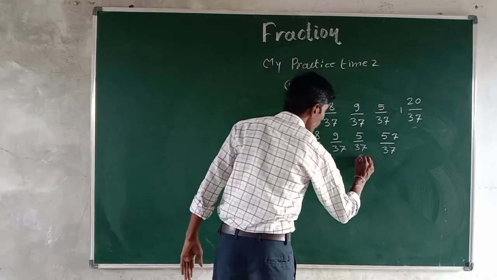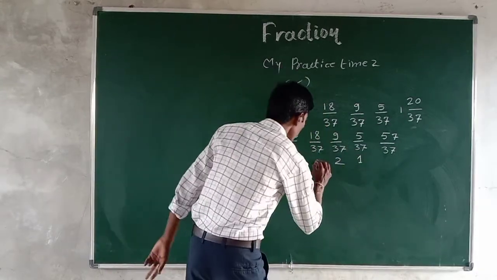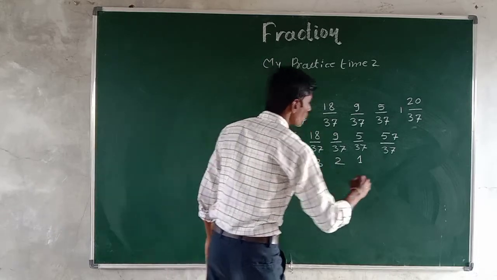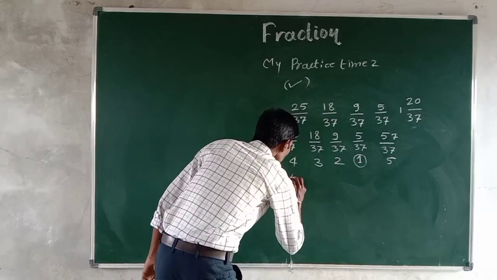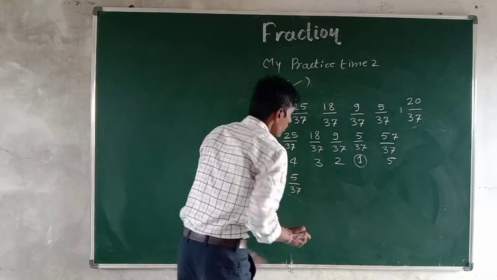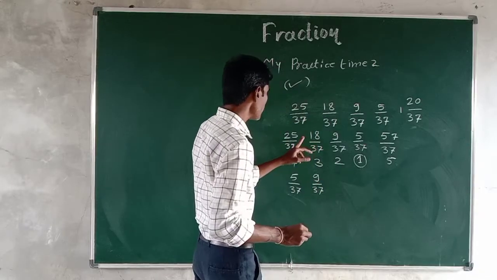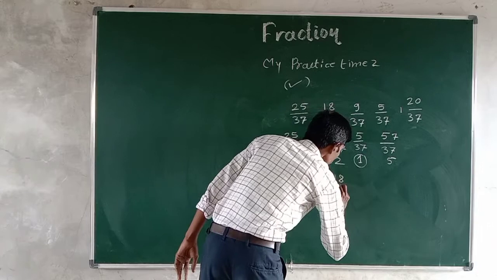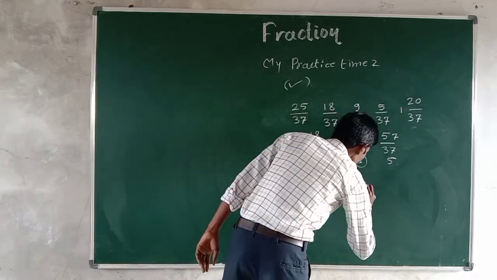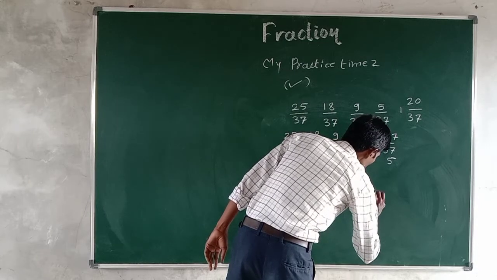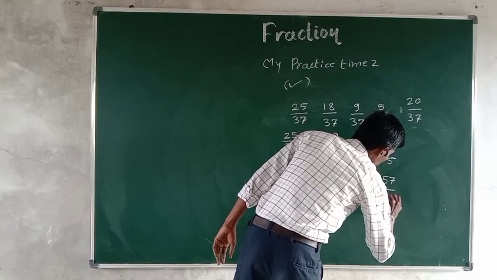So first is 5 upon 37, then 9 upon 37, then 18 upon 37, then 25 upon 37, and last one is 57 upon 37.